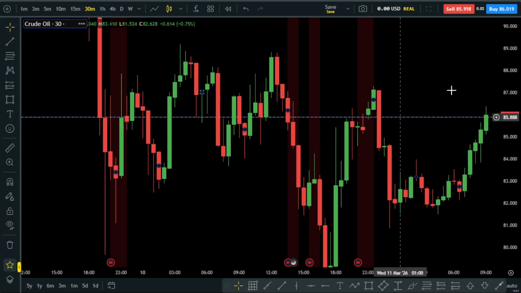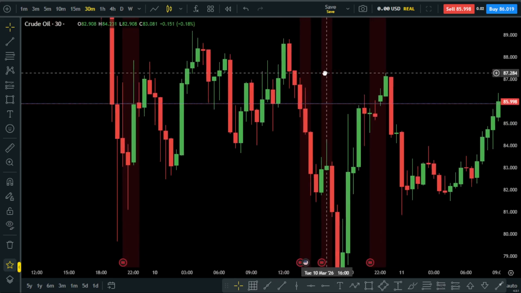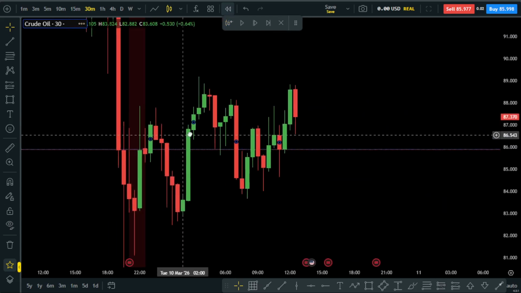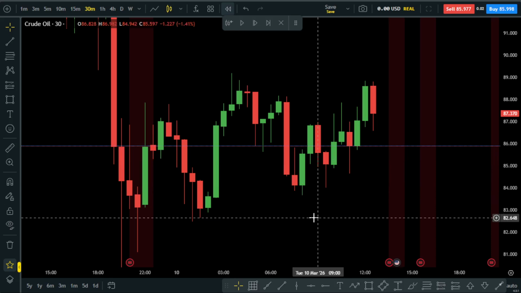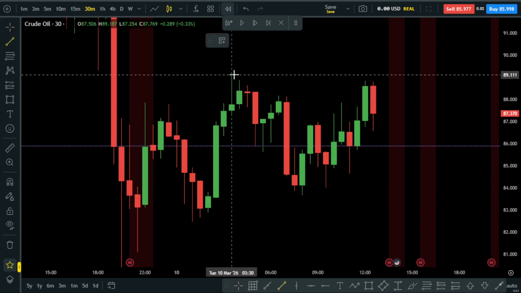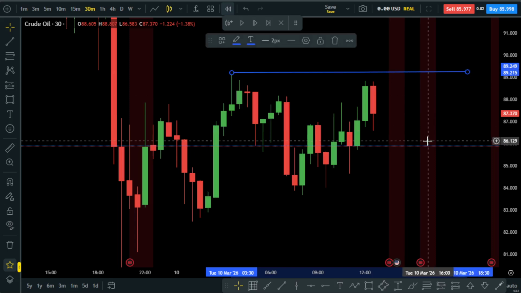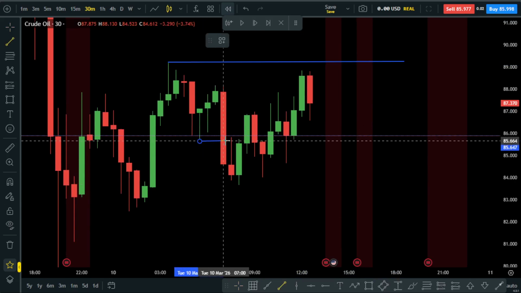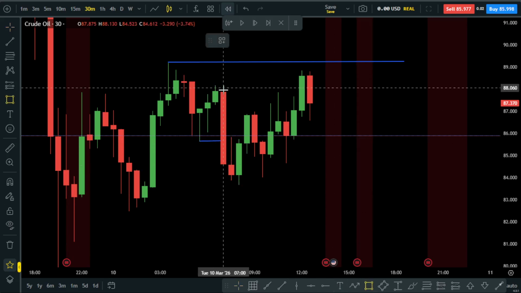Let's get this sale. Where did this sale start from? As you can see, we are in a downtrend, and number one, we have this high, and price broke the low here. We have a break, and we have this order block.